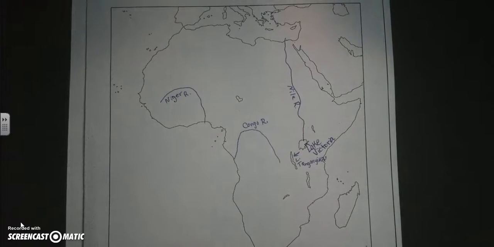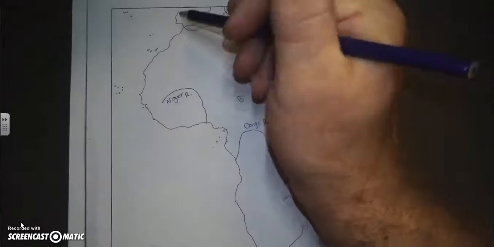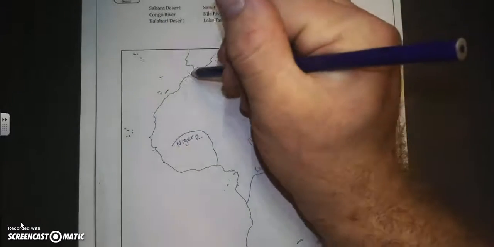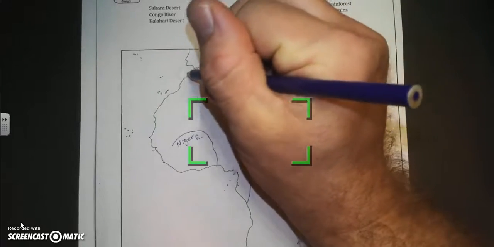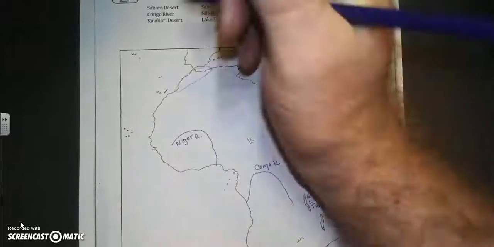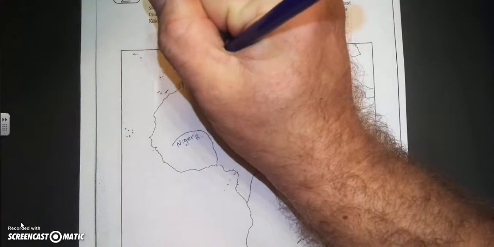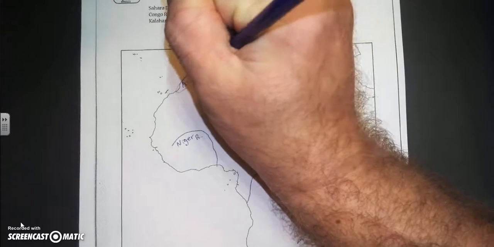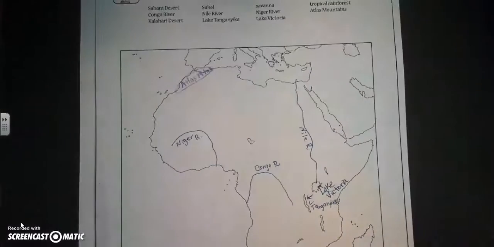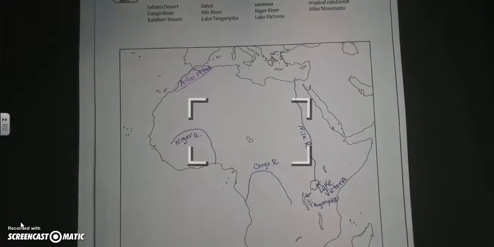So, the next thing that I'm going to label are the Atlas Mountains. So, in the very northwestern part of Africa, about here, we have a mountain range. This is the Atlas Mountains. Okay?